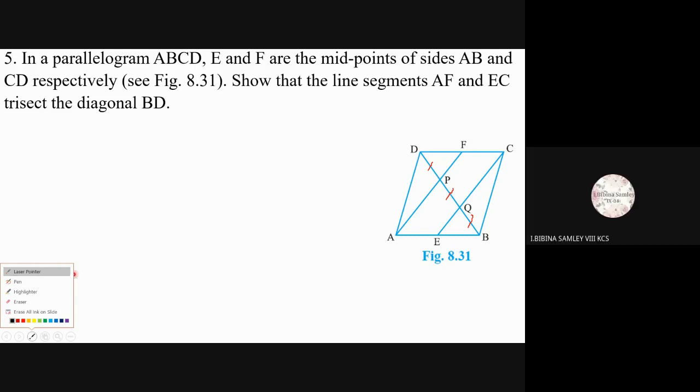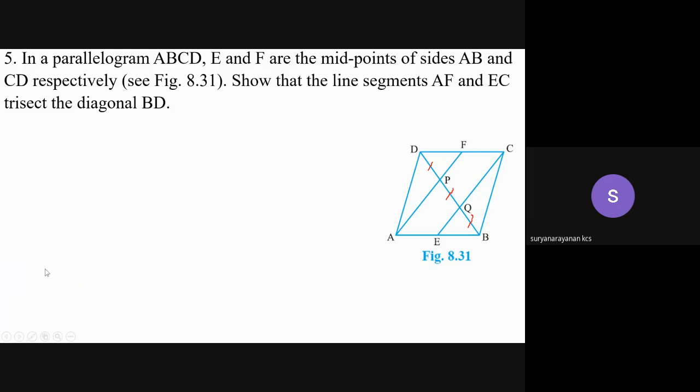Oh, okay, sir. AB is equal to CD, because it is a pair of opposite sides of the parallelogram. And the second thing, AB is equal to... BC is equal to AD. Okay. Please write down these points on your rough paper separately. We will use these points later.